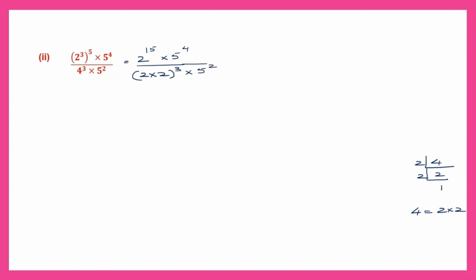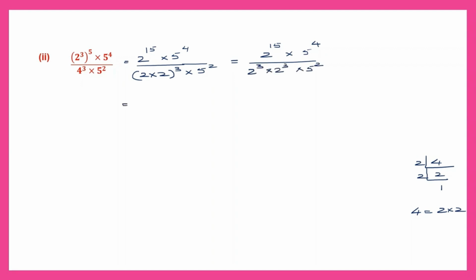So we have this. Now 2 to the power of 15 into 5 to the power of 4, we'll write it as it is. Now, in the denominator here, we are going to open the brackets. That means this 2 is raised to the power of 3 and this 2 is also raised to the power of 3. So let's open the brackets. So that will be 2 raised to the power of 3 into 2 raised to the power of 3 into 5 raised to the power of 2.